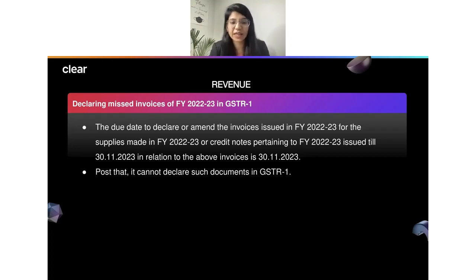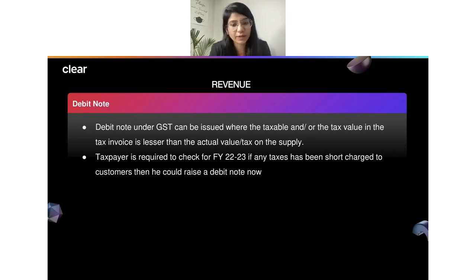If that's the case, then again you just go ahead and declare those missed invoices. Right? And if you feel that there were certain documents where you forgot to issue a debit note, there were some values which have been undercharged, and you have to actually raise a debit note for that, you should always go ahead and raise a debit note.